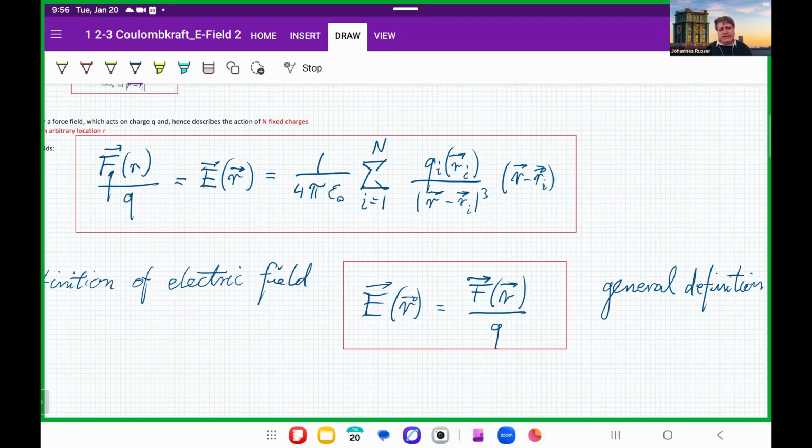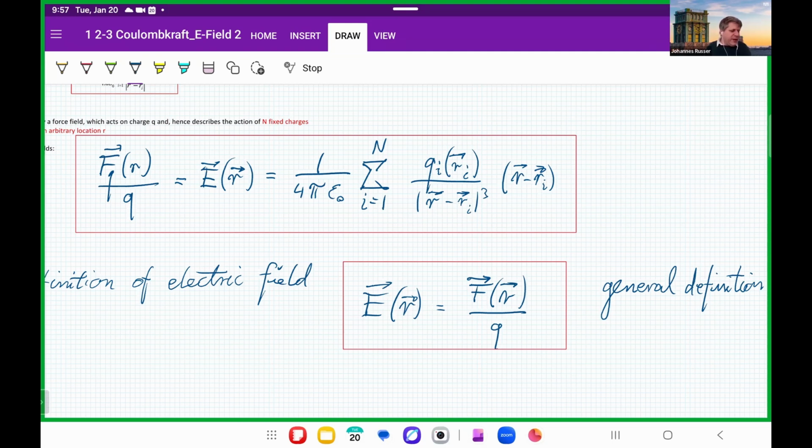The electric field is, in that sense, also very interesting, because it is more than just a concept, but it is quite hard to grasp. The only way it manifests itself is that it causes a force as soon as you bring a charge into the electric field.